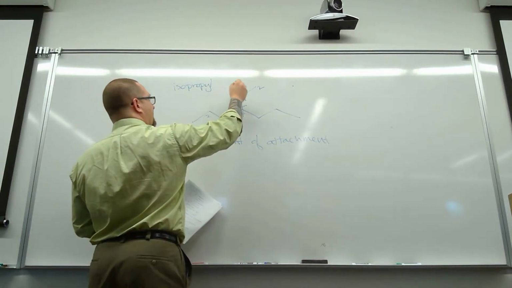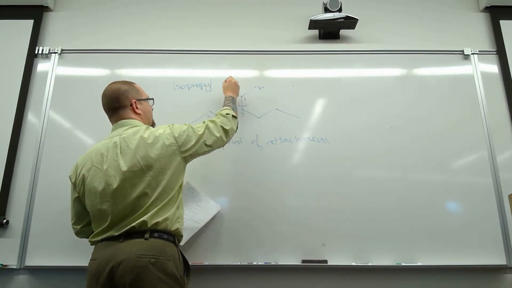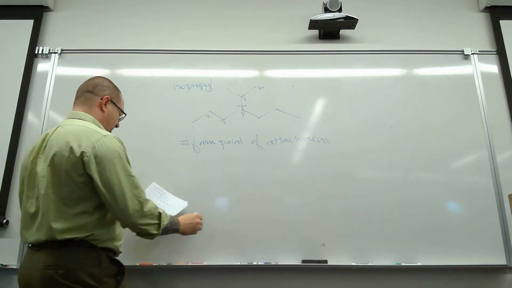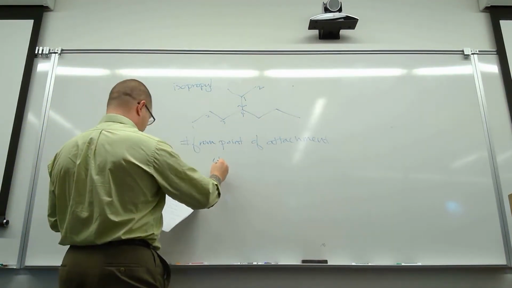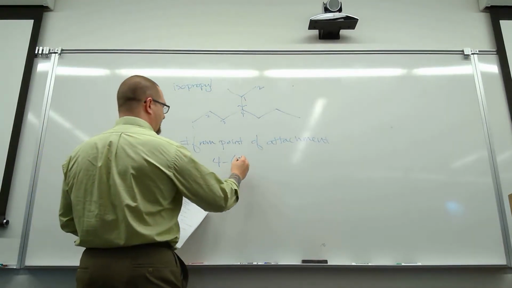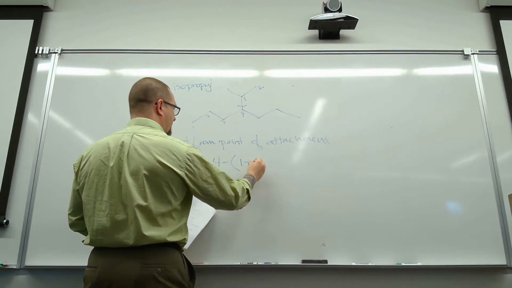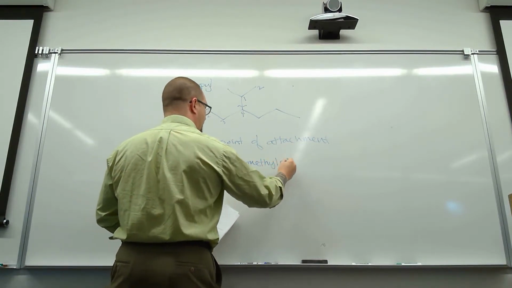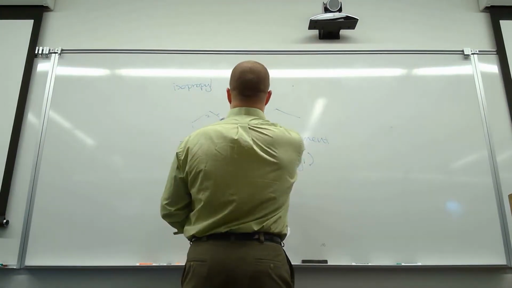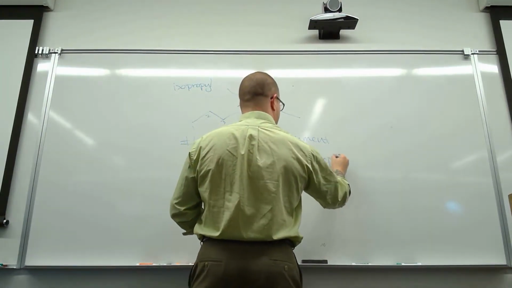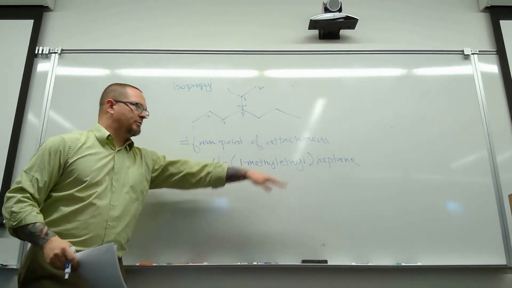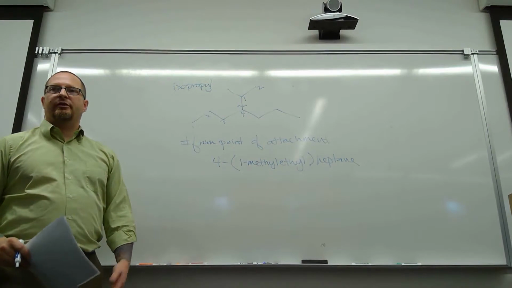So this is a 1-methylethyl substituent. So this would be 4, and then you just use some parentheses, (1-methylethyl)heptane, or 4-isopropylheptane is okay too.